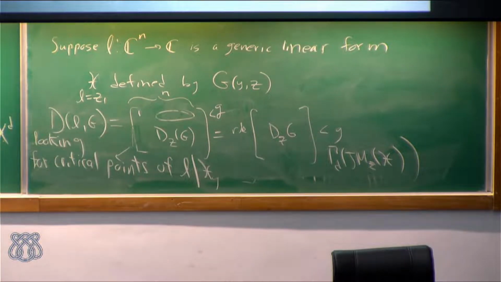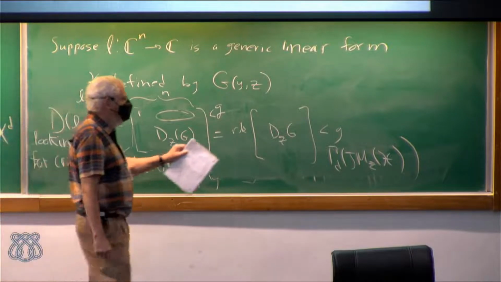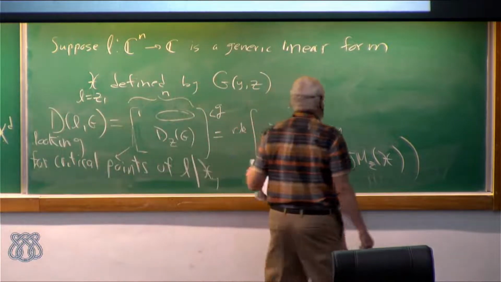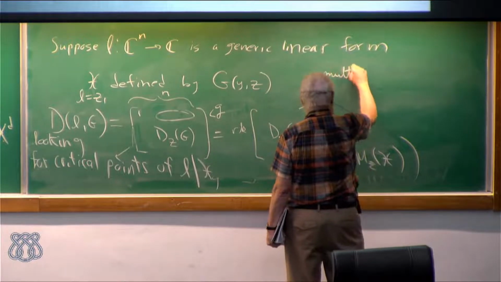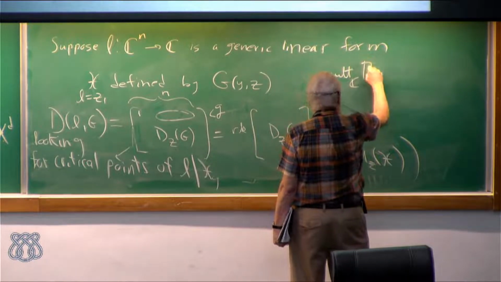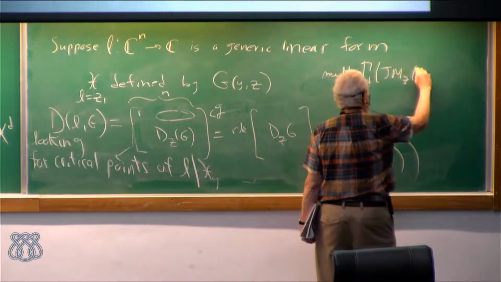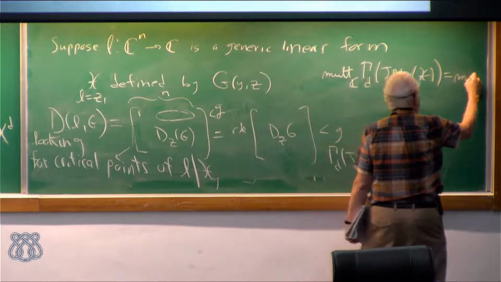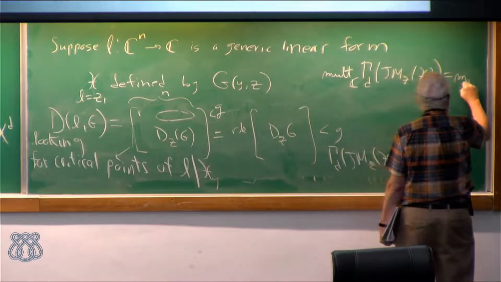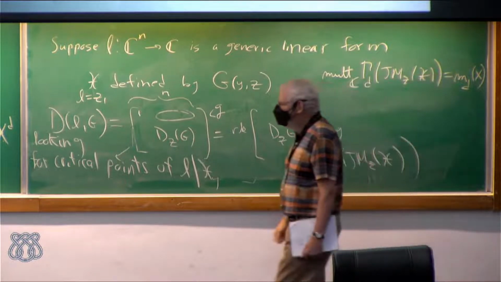And so the upshot is that if I take the multiplicity of this over C, I get m, in this case m_d of X. It's the number of critical points.